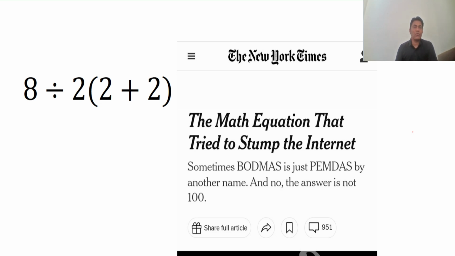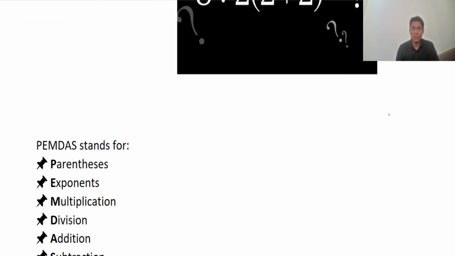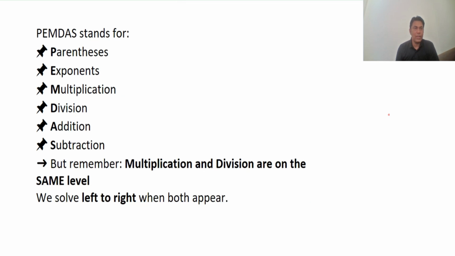In order to solve this question, we will be using a very basic concept of rules known as PEMDAS or BODMAS. Very first, we will understand what PEMDAS is. P stands for parentheses, meaning whenever we have parentheses, we manipulate them first in any algebraic expression, followed by exponents.